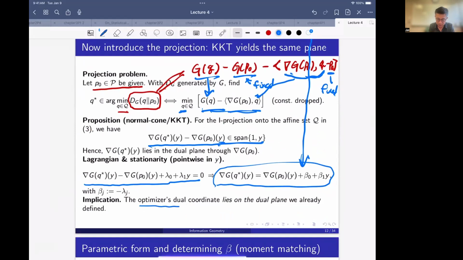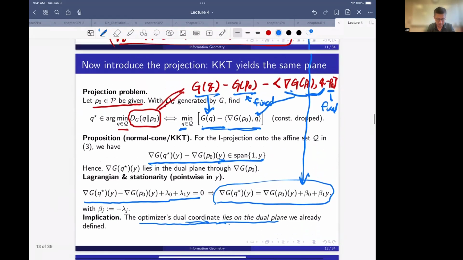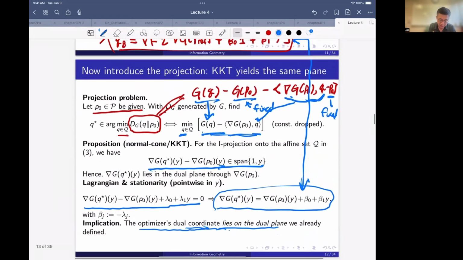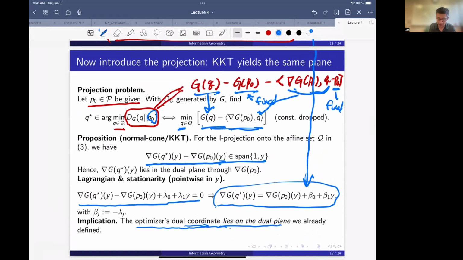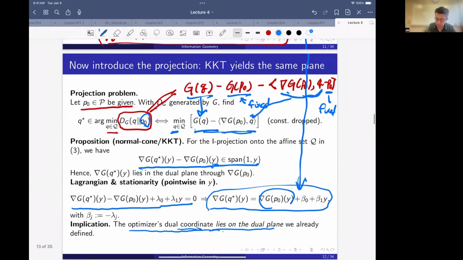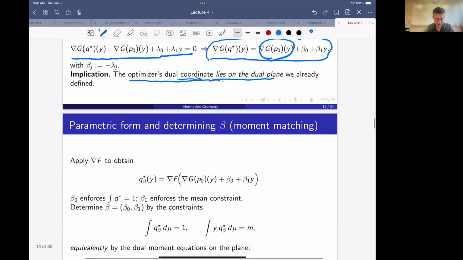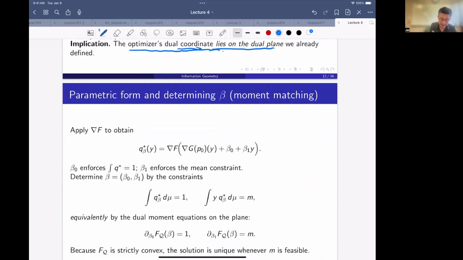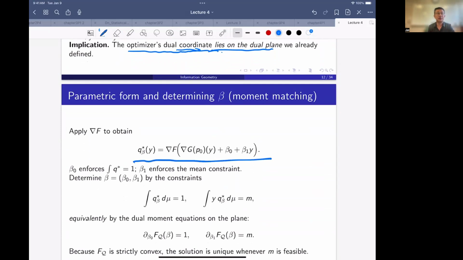So the optimization dual coordinate lies in the dual plane we already defined. But the only difference is that P0 is given. There could be many different parallel dually flat spaces, but we should fix the reference point to P0. That's it. So that is our model, the solution to the Bregman divergence problem as a parametric model.